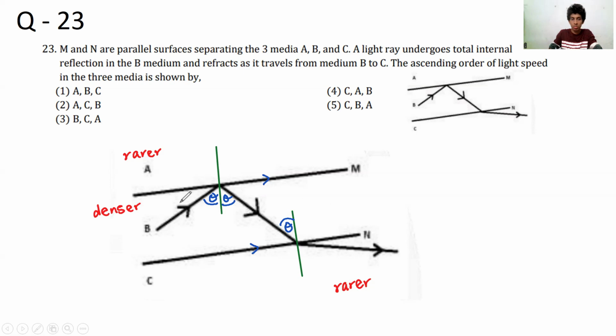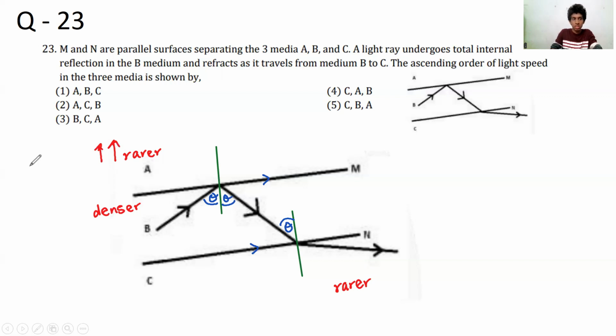That means the difference in the refractive indices between the mediums A and B is greater than the difference between the refractive indices of the mediums B and C. Therefore, the rarer medium out of A and C is A.